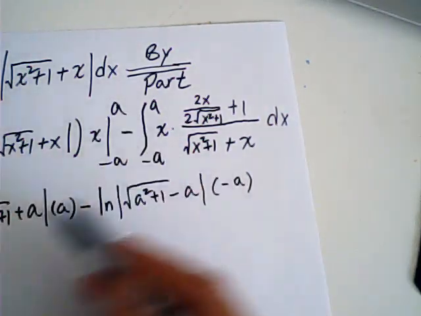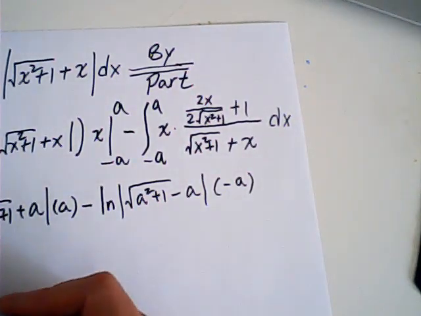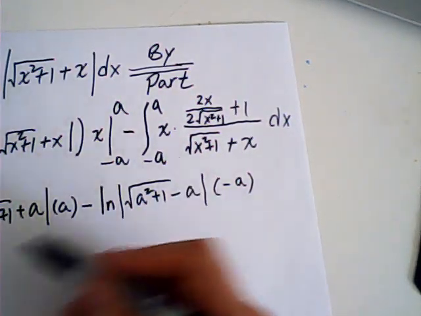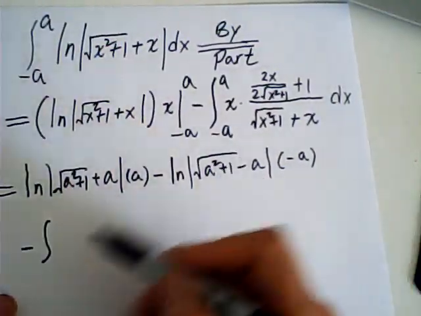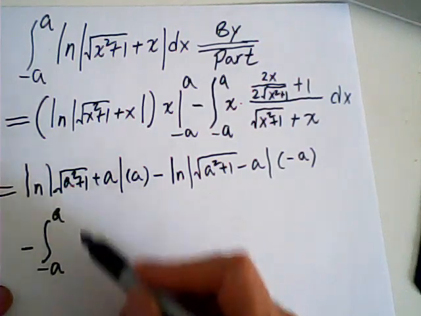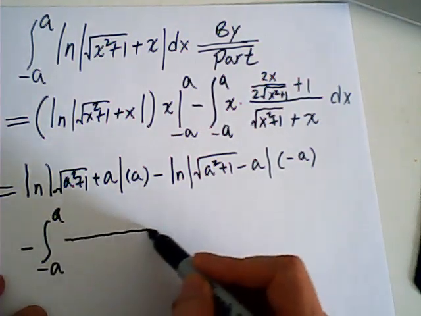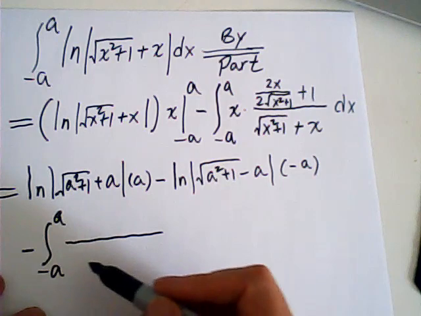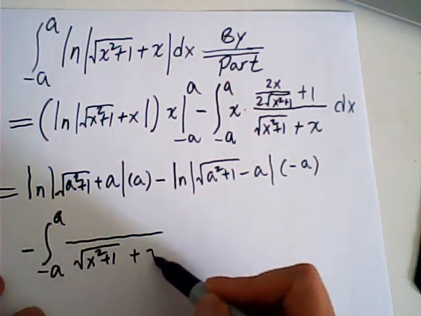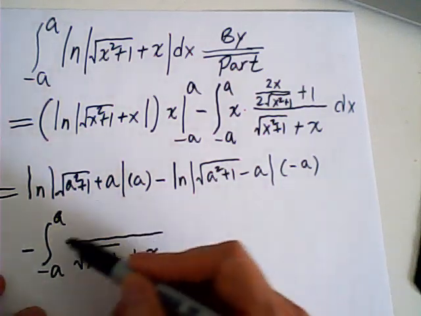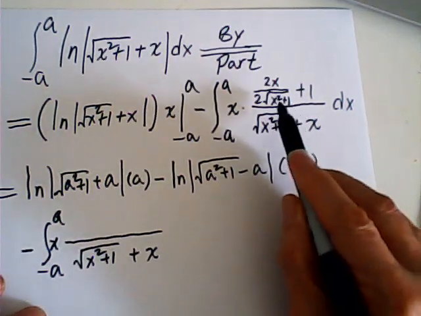That's it for this one, okay? Then minus the integral from minus a to positive a. This will be x over square root x squared plus 1 plus x, multiplied by x, okay?